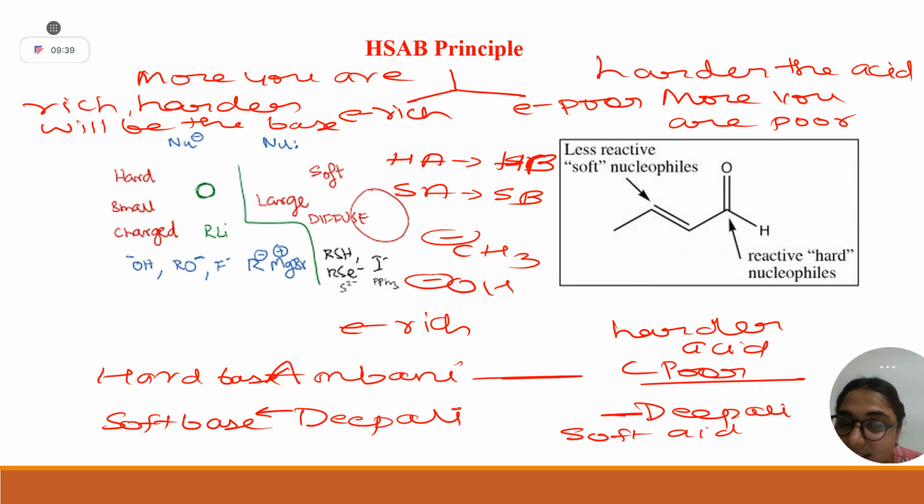The negative charge on OH is in less concentration because this negative charge is on an electronegative atom, right? So where is the density of negative charge more, on oxygen or carbon? On carbon. Therefore, in CH3 negative, this is your harder base and this is your softer base.